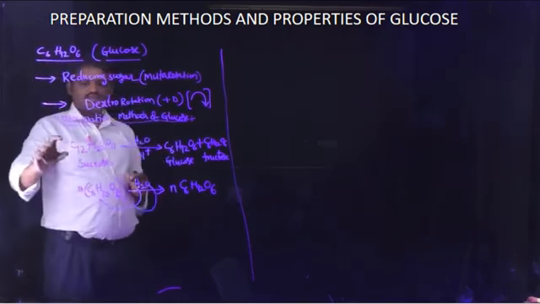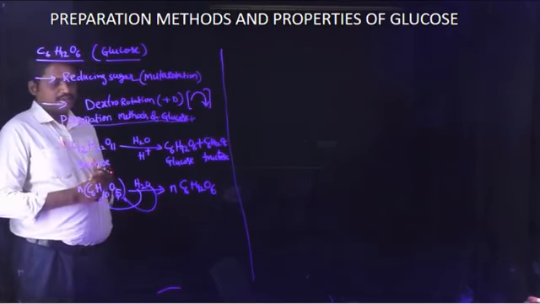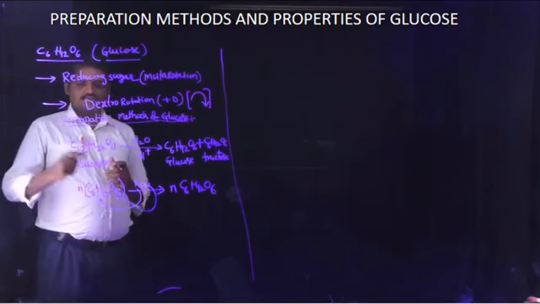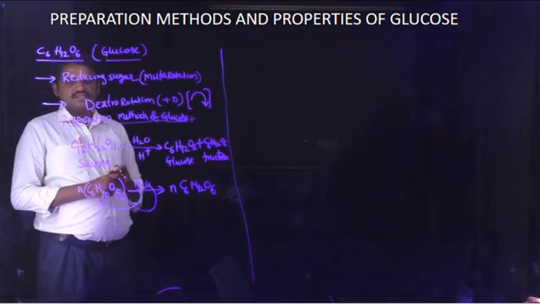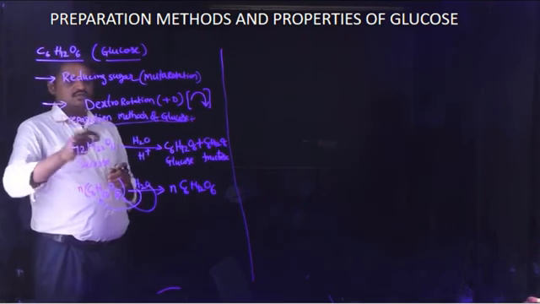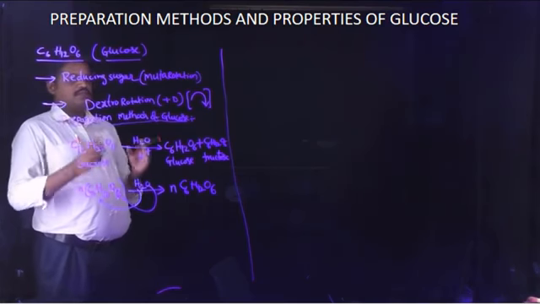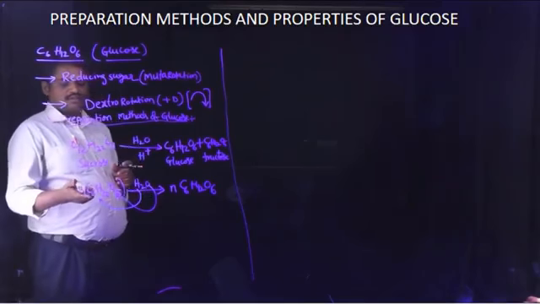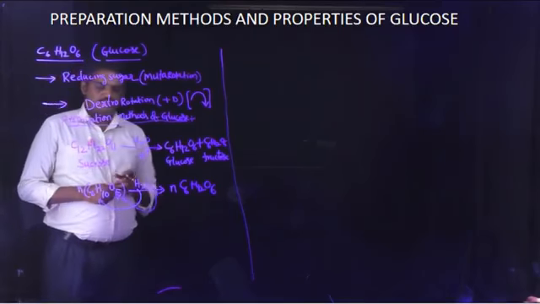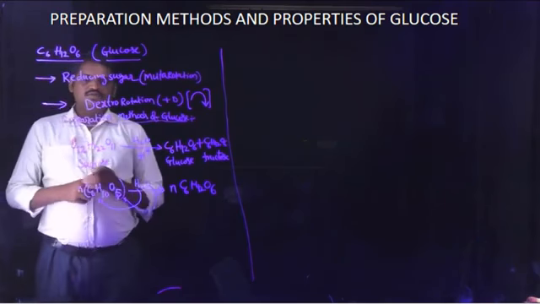Okay, so these two methods are the best preparation methods for glucose. First one, sucrose, C12H22O11. Sucrose reacts with water in the presence of an acidic medium and is converted to glucose and fructose. And next one, starch reacts with water and is converted to glucose.